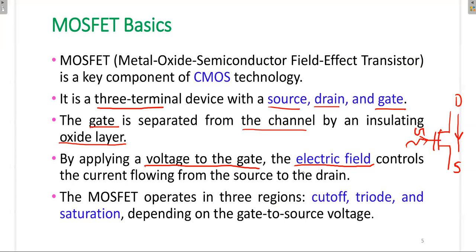So that's why these transistors are called field effect transistors. MOSFET operates in 3 regions, that is cutoff, triode, and saturation region. That depends on the voltage applied between the gate and the source terminal.